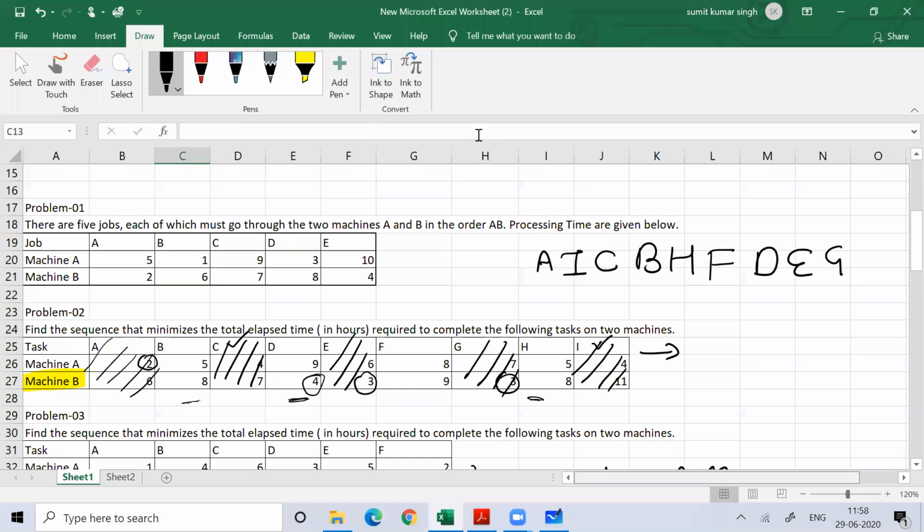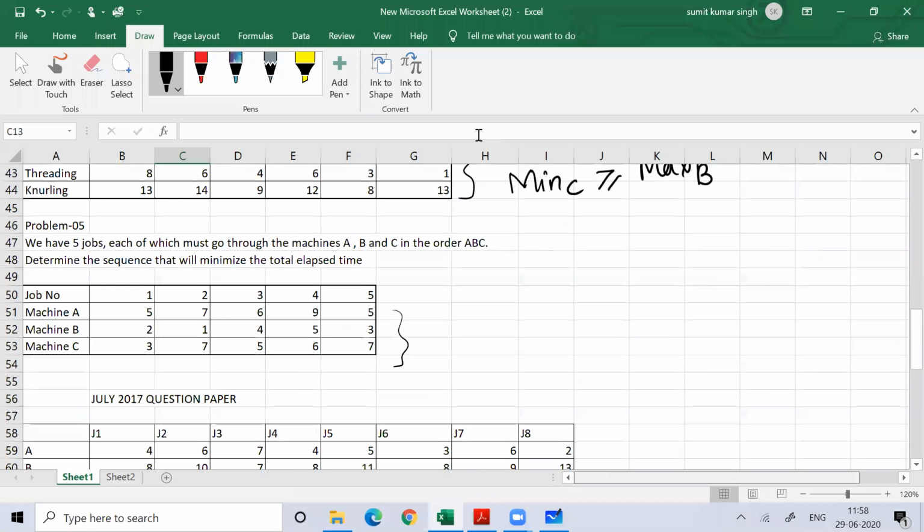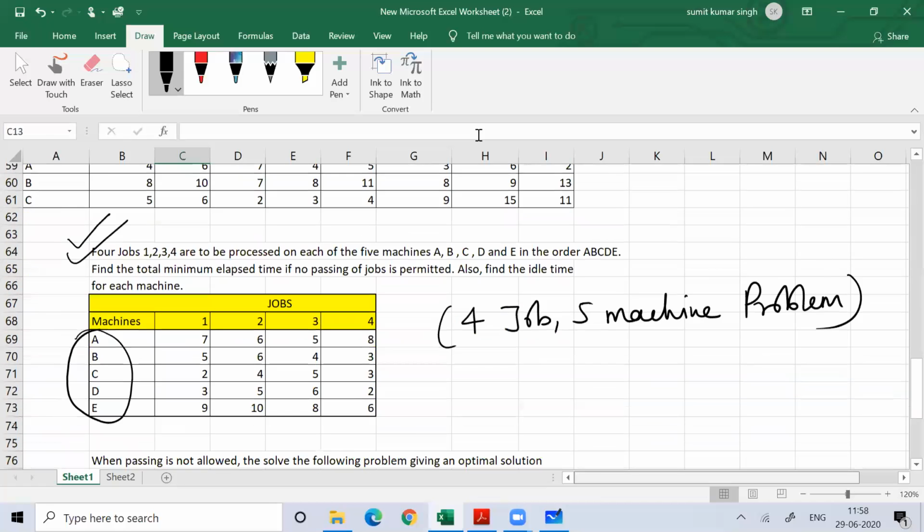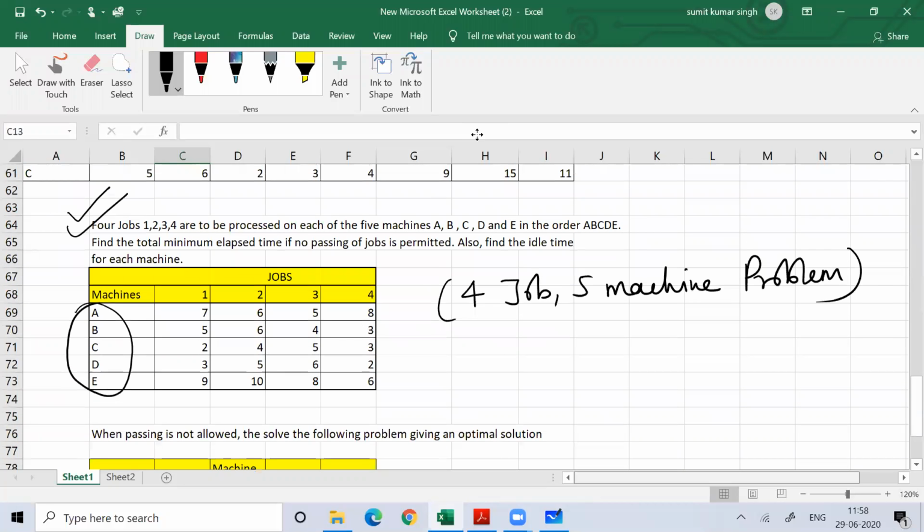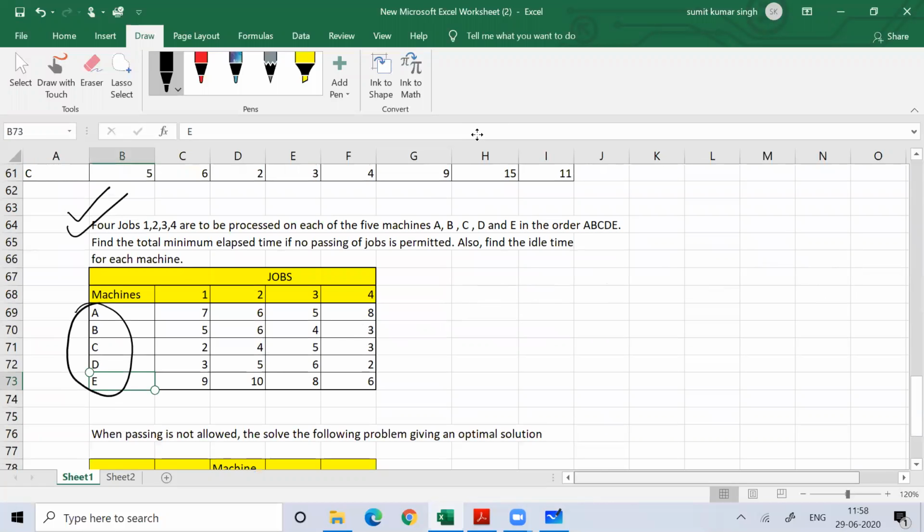So imagine this is the problem. Everyone, please write it down. This is an n job k machine problem.